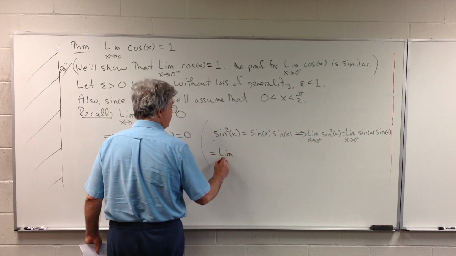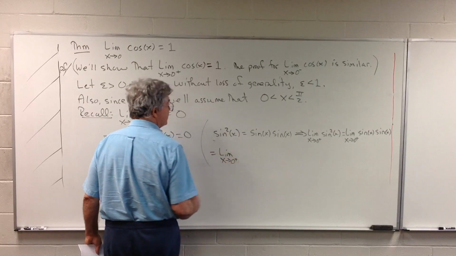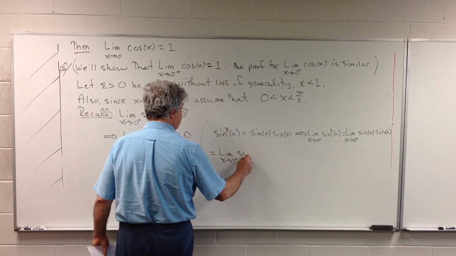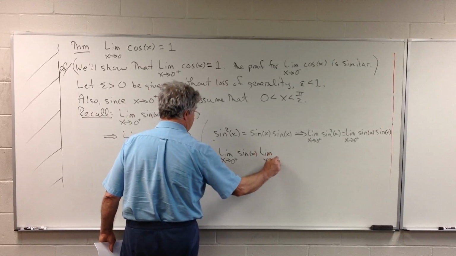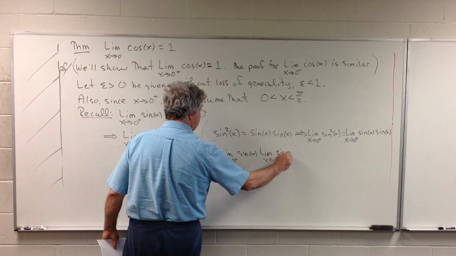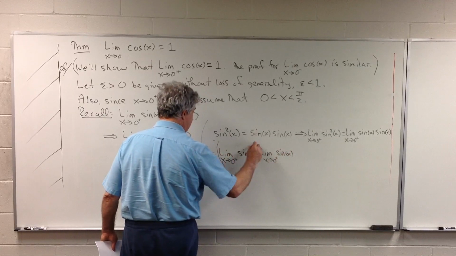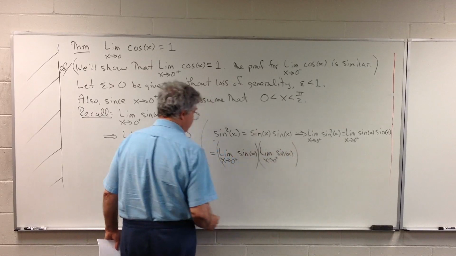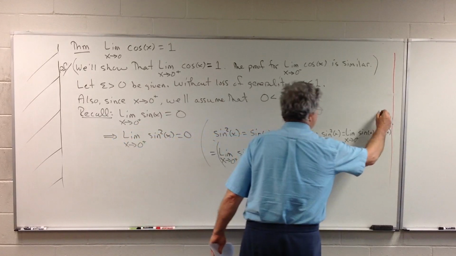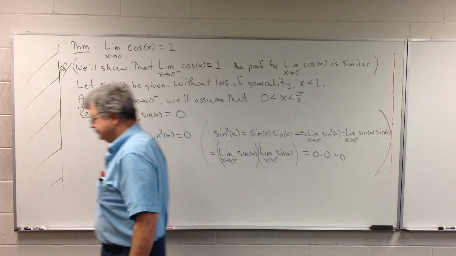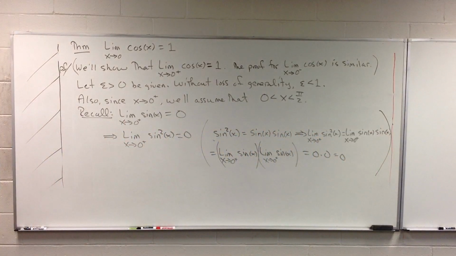We have the limit of a product, but we know that the limit of a product is the product of the limits. Voila. So the limit of sine squared x is 0 as x approaches 0 from the right.